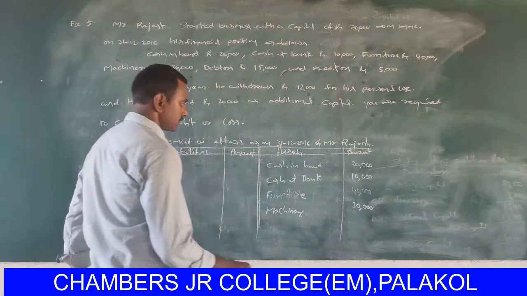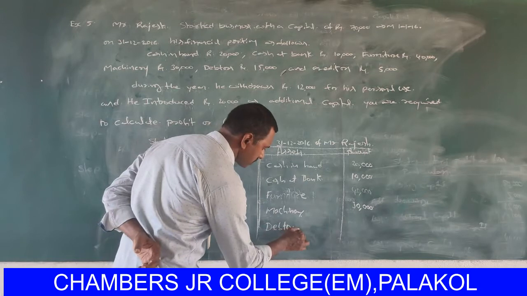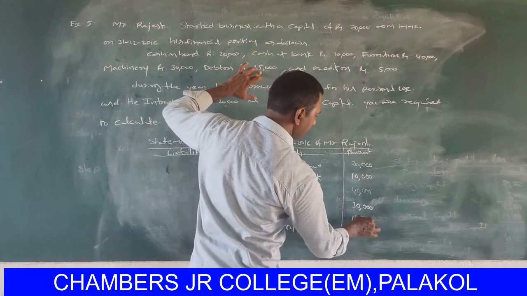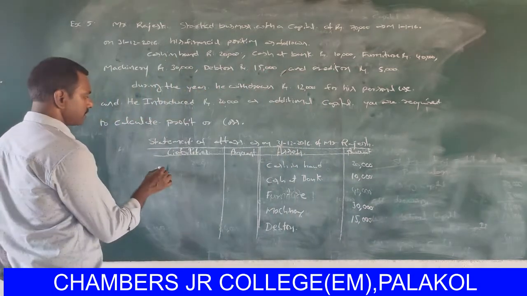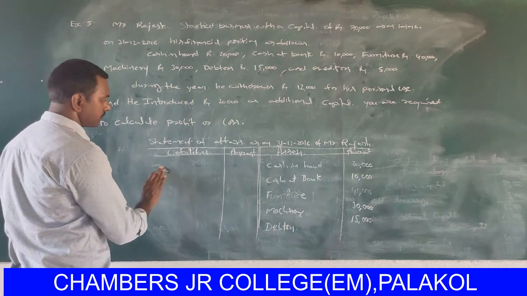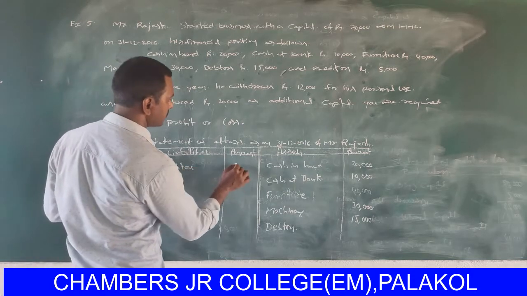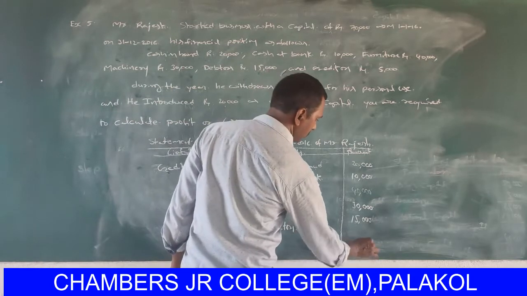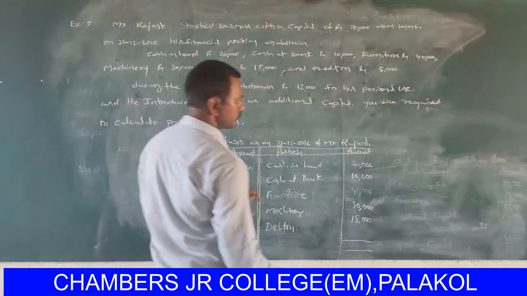Next, debtors is also an asset, rupees 15,000. Last one, creditors is a liability, so this is taken on the liability side, rupees 5,000. Now let's take the total and the difference between these two.